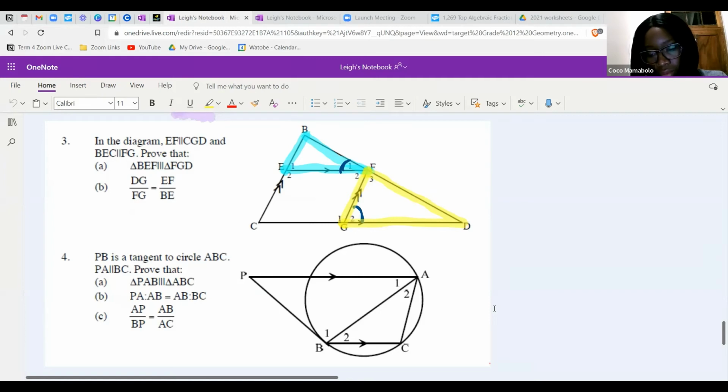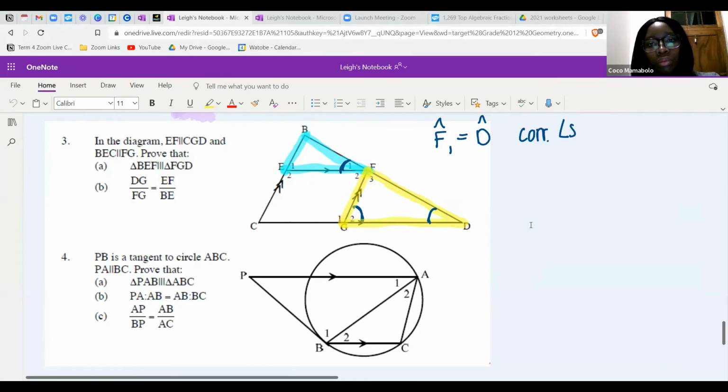Line BD is the transversal, and because EF is parallel to CD, that makes F1 equal to D. So the reason why F1 equals D is because of corresponding angles, EF parallel to CD. The F is upside down, absolutely. So BD is the transversal, and that's why angle F1 and angle D are equal to one another. Perfect, there we go.